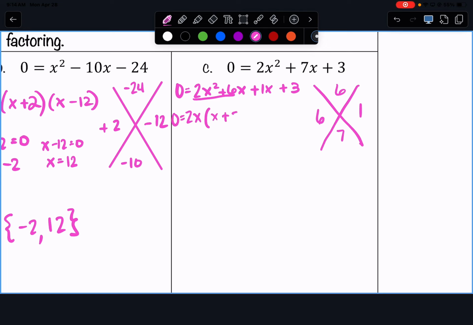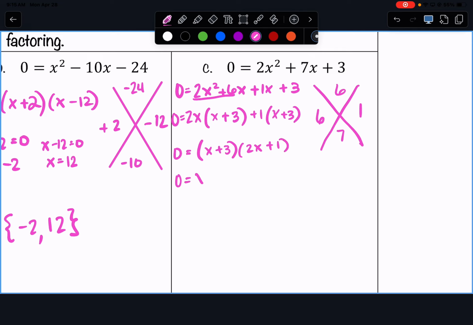X plus 3. For the second half, what is the GCF? 1. Which leaves us with x plus 3. All right, now we take what's the same, x plus 3, and what's left over, which is 2x plus 1. And we set both of those equal to 0 and solve.